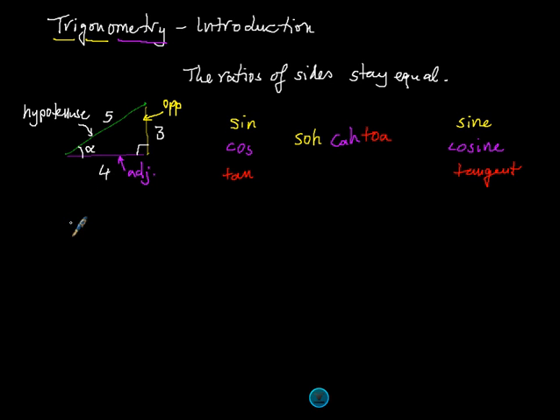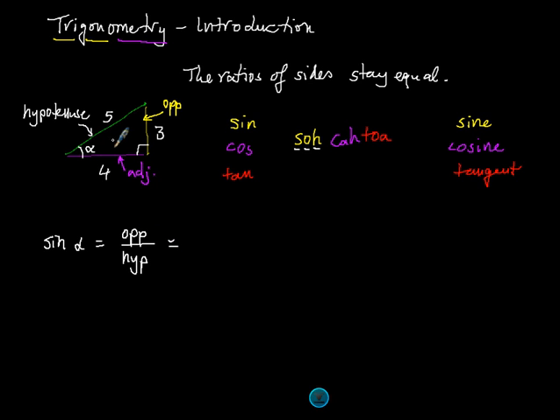Now I can start using my ratios. The sine ratio is defined as the opposite over the hypotenuse. This is where this comes from. Do you see? Sine is opposite over hypotenuse.